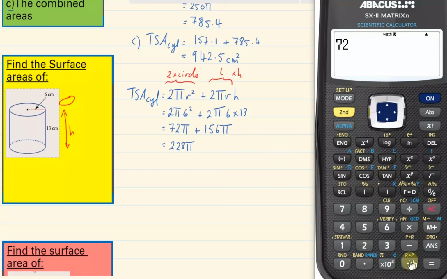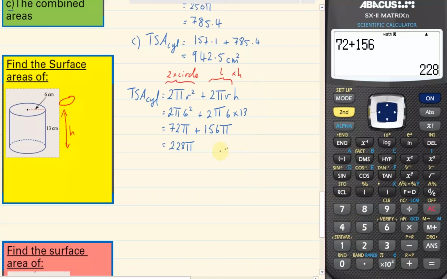Never sure if the brain's working right. 228, happy days. So if you ever ask for an exact answer, an exact answer is something without decimals or recurring decimals, that sort of thing in it, then that would be an exact answer for the surface area of that cylinder. Now, if I take that and multiply it by pi, I'll actually get the decimal answer.